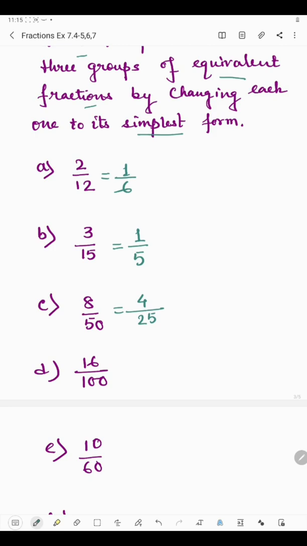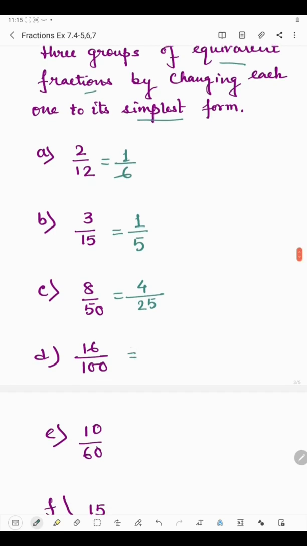Okay, now coming to next, the next part we have 16 by 100. When you divide by 2, 2 8s are 16 and 2 50s are 100. Again it can be further reduced. So we will just divide by 2, 2 4s are 8, 2 25s are 50. Okay, so it's 4 by 25. 4 by 25 cannot be reduced further, right?